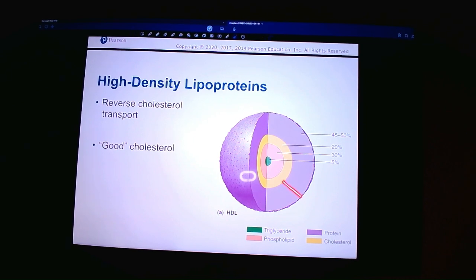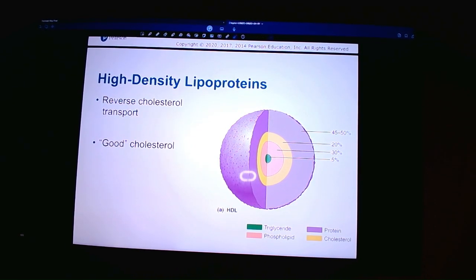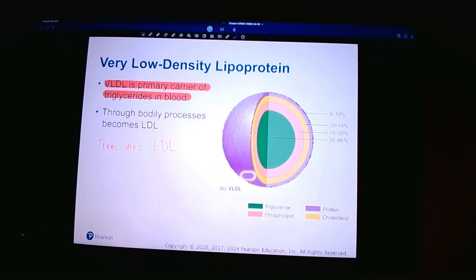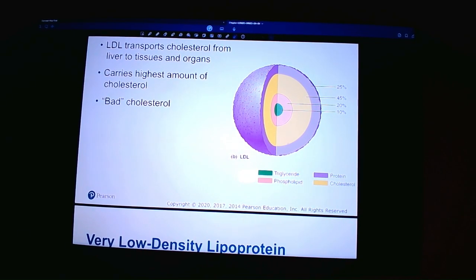Look how much protein there is on this HDL, the good cholesterol, and then look at how little there is on this low density one. So there's not a lot of room for protein, and instead you have all this fat. That's a lot of fat. All of that is fat.